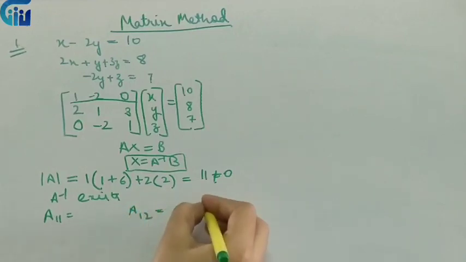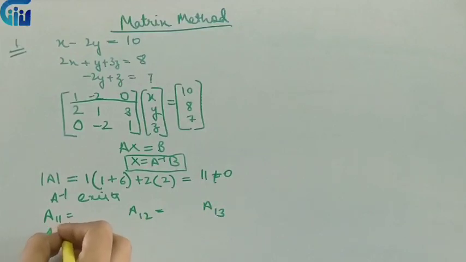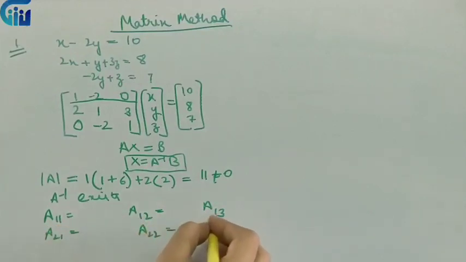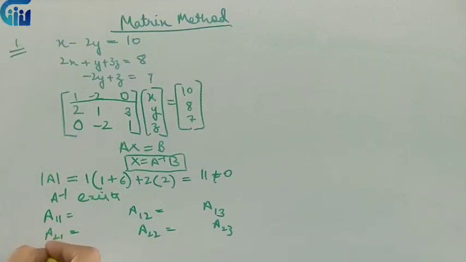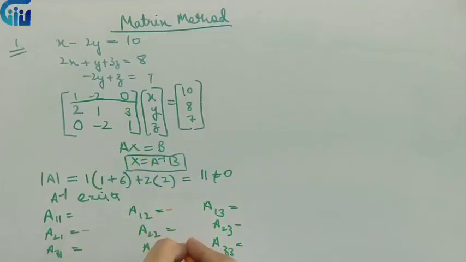So we will quickly write A11, A12, A13, A21, A22, A23, then A31, A32, A33. It will be like this. Then next, we will put a negative sign at odd places so that we don't make errors. So at these 4 places, I'll put the negative sign.